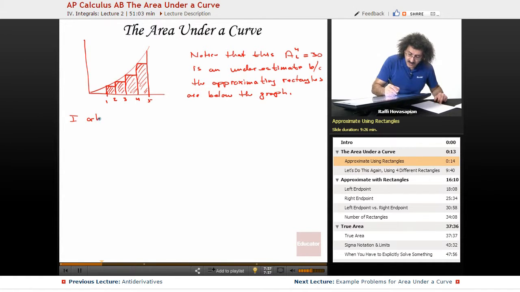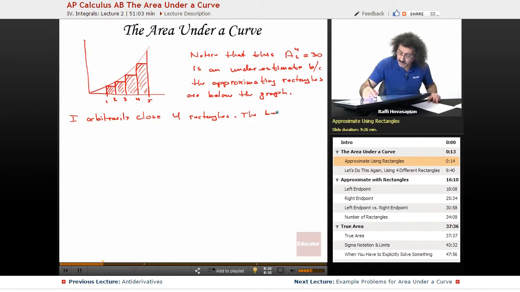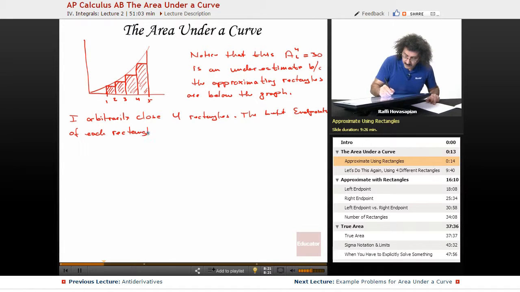so I arbitrarily chose 4 rectangles. The left endpoints of each rectangle, they're the ones that correspond to x equals 1, x equals 2, x equals 3, and x equals 4.